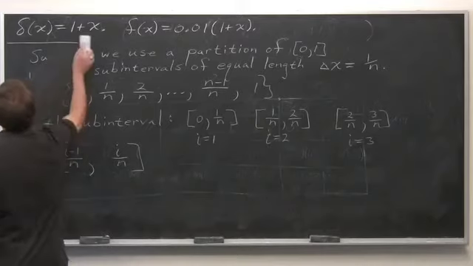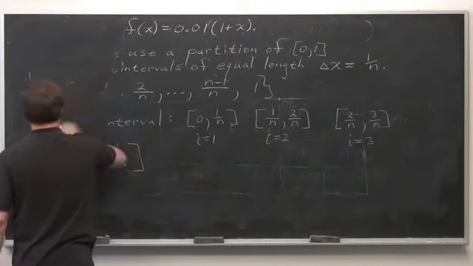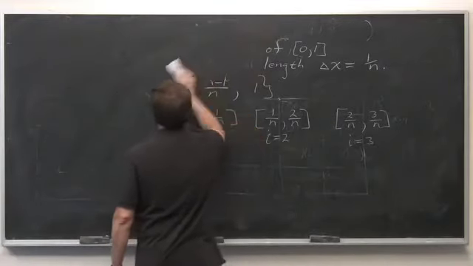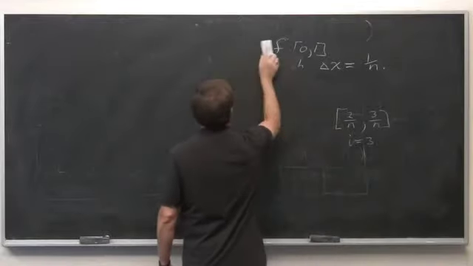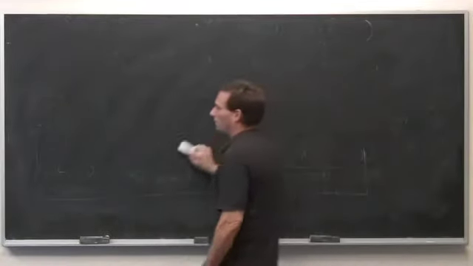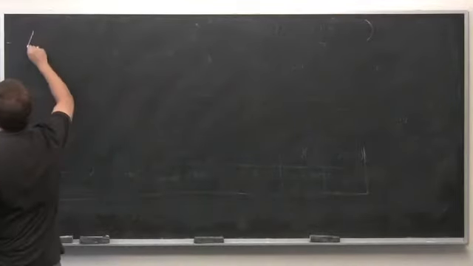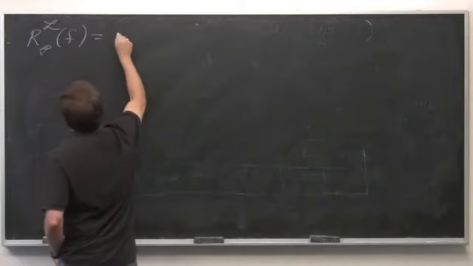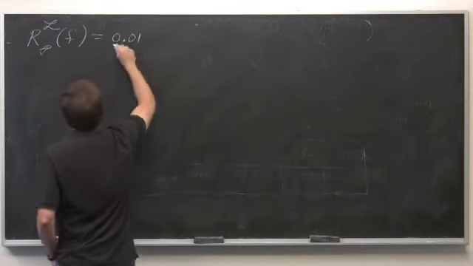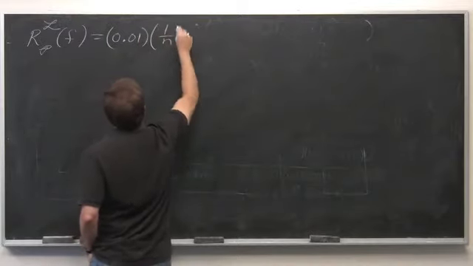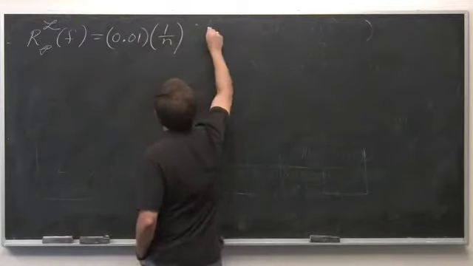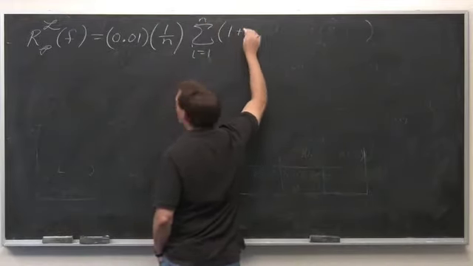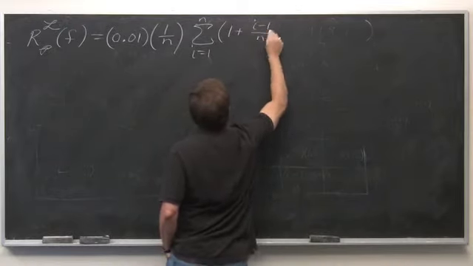And so what we get for this left Riemann sum is 0.01 times 1 over n times the sum as i goes from 1 to n of 1 plus (i minus 1) over n.